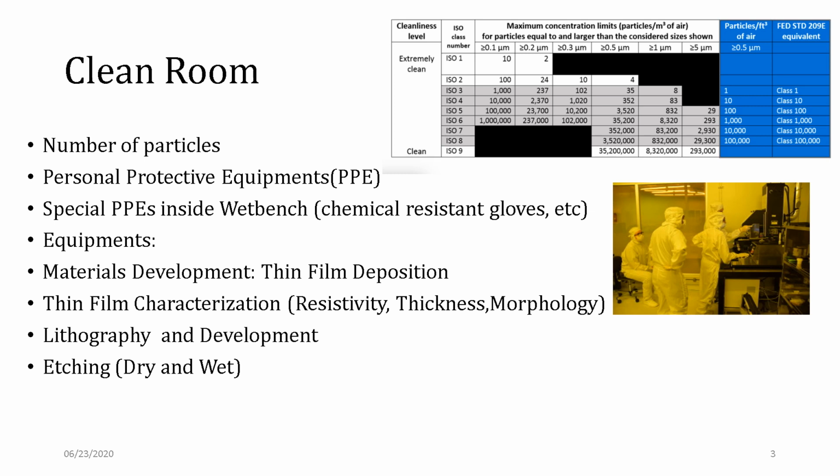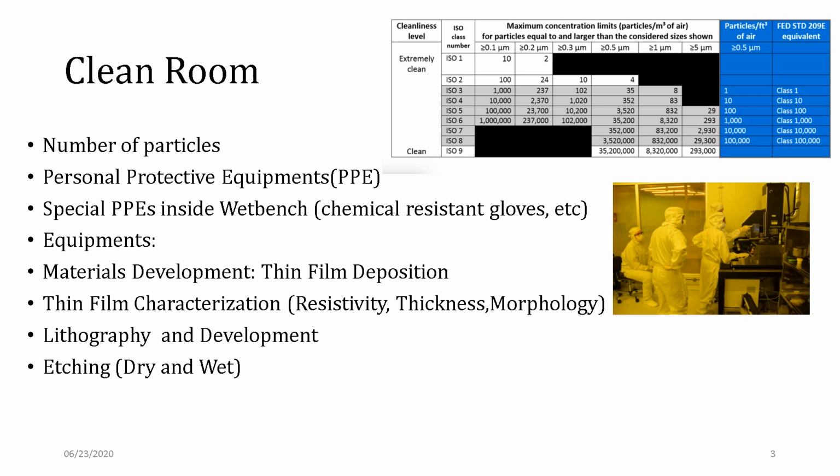We are talking about 100 particles, 1,000 particles. Accordingly, you can see the classification of clean rooms based on the number of particles per feet cube here, or based on the number of particles per meter cube of air. So that is the level of cleanliness we expect when we have our devices developed.